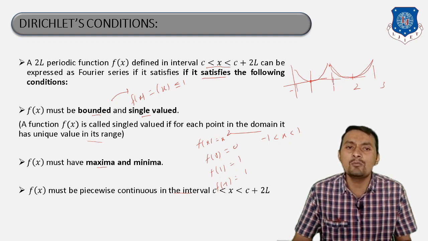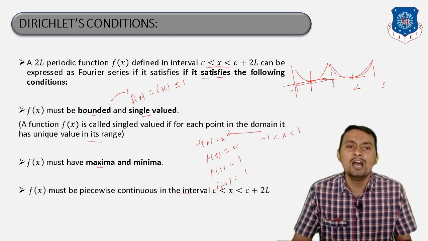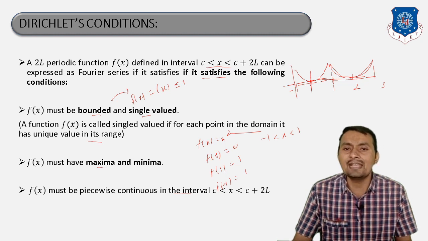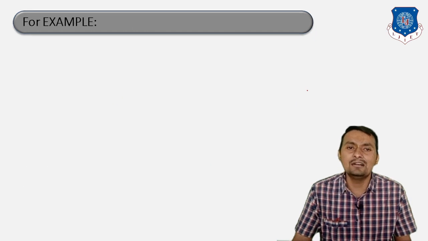If I take -1 to +1, the total length is 2. Also, if I talk about 1 to 3, the same figure appears here, so again the length, 3 minus 1, is also 2. That means the length is 2 and the same repetition is there. That means this function is periodic. Also we can say it is a piecewise continuous function in the given interval.